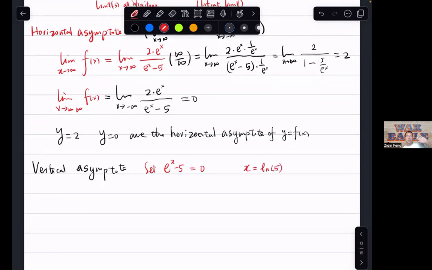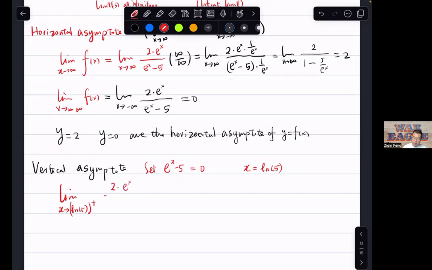Remember that to get a vertical asymptote, all you need is a one-sided limit that is infinity, because sometimes the left side goes to negative infinity and the right side goes to positive infinity, so the two-sided limit may not exist. So we just evaluate one one-sided limit. Let's look at the limit of this function as x goes to natural log of 5 from the right side.